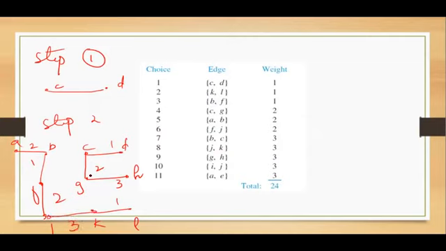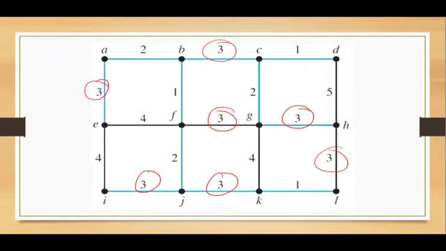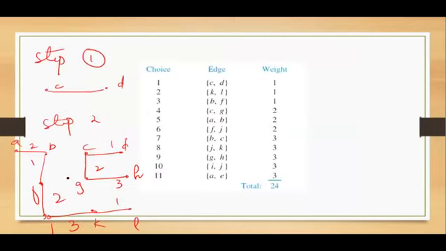Now if I take either GK or HL, it will form a circuit and it should not form a circuit. So I am also taking FG. Did I draw BC? Yes, over here BC is 3. I have joined JK, GH, IJ. So I is over here.